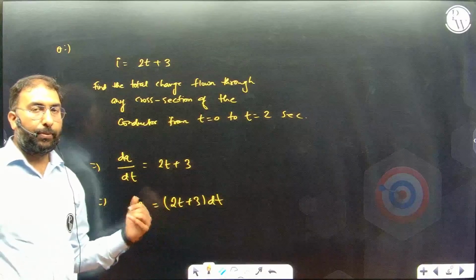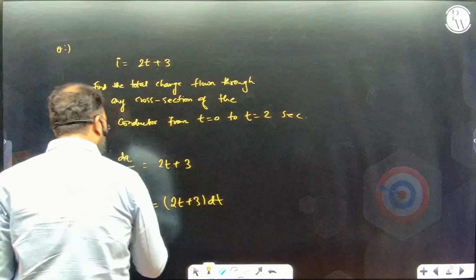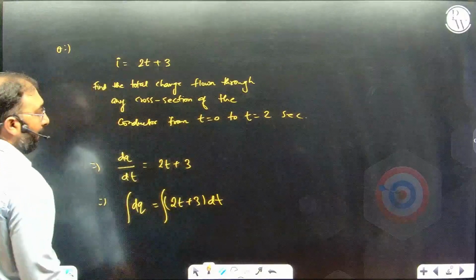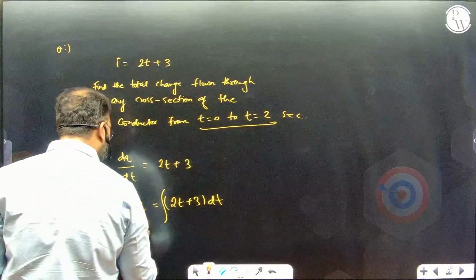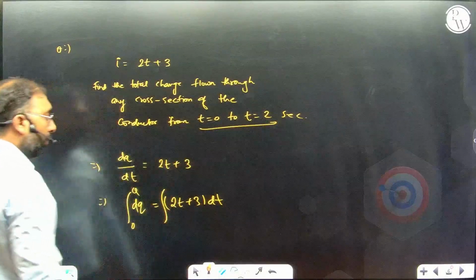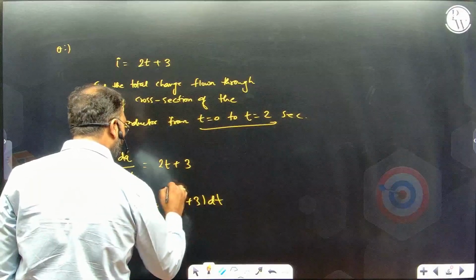And from here we have to find out q. So definitely we have to integrate this function within the proper limits. So the total charge flown is, let's say, capital Q, and here the limit will be for t from 0 to 2.